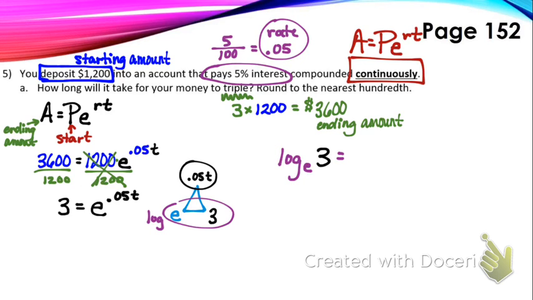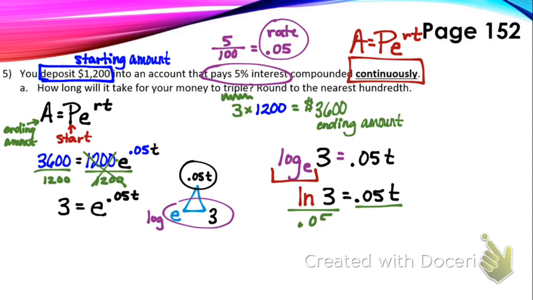What's my exponent? 0.05t. We know a better way of writing log base e. That's ln. How do I get t all by itself? Divide both sides by 0.05. I don't want to divide by the t because I want the t to stay there.